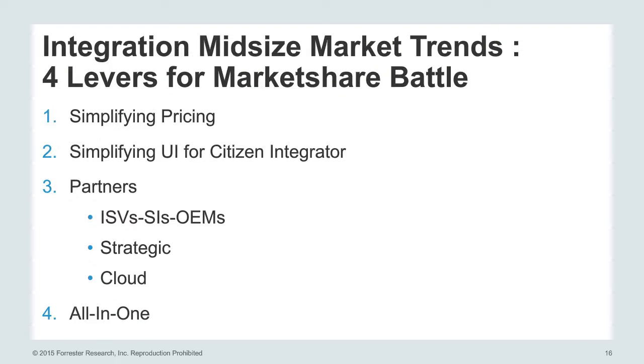In that market, for mid-size, there are 4 levels which are making the market and which are helping the market also to remain competitive. So the first thing is to get a simplified pricing. The difficulty in the cloud is an iPaaS is in between infrastructure as a service and software as a service. And we know that the pricing model for infrastructure is more based on consumption.